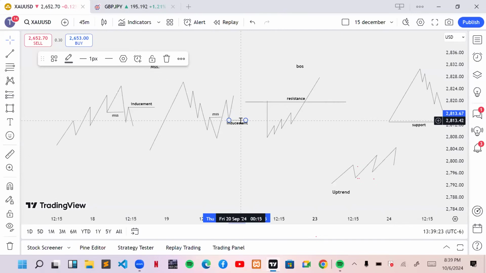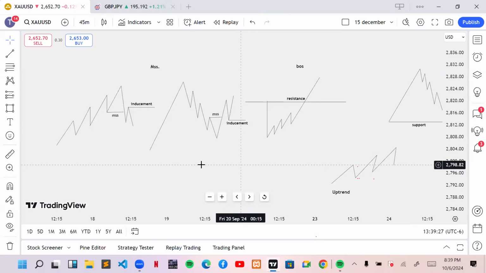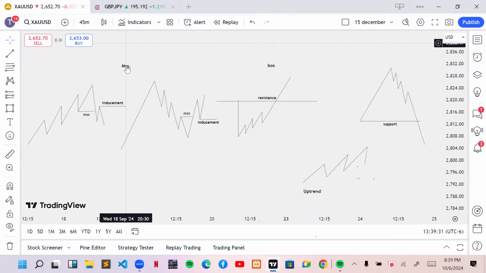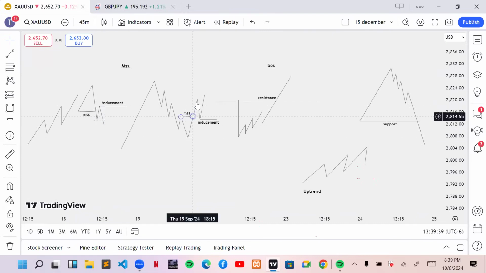So it said the inducement is the first valid pullback that market makes after a break of structure or a market structure shift. This was when market broke structure to the downside. This is the first pullback it makes before continuing that move. Same as this, market broke structure to the upside or changed structure to the upside. After it changed structure to the upside, it made the pullback before continuing that move. The pullbacks it makes is the inducement.